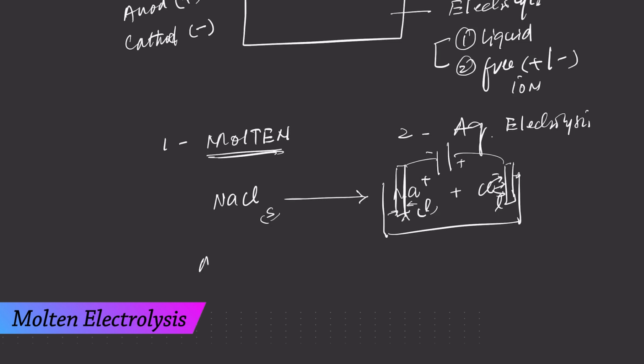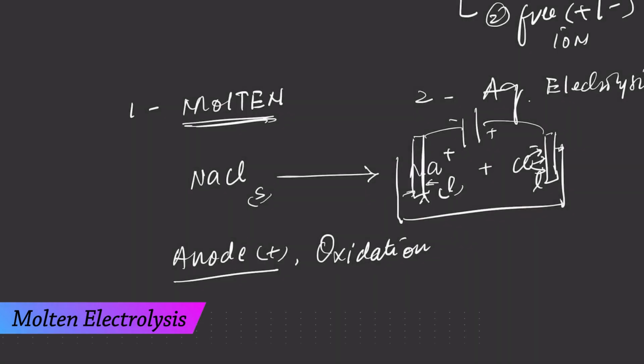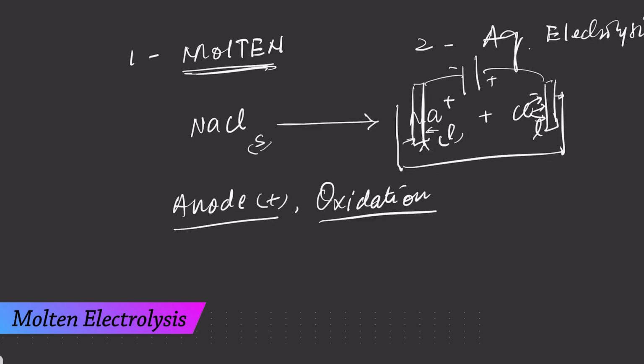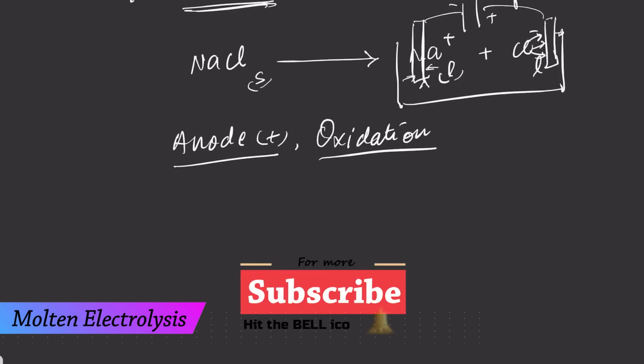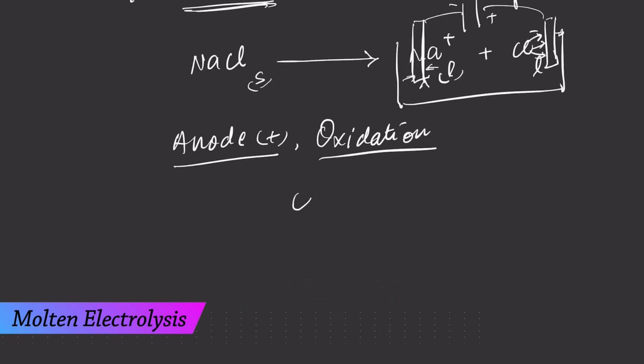The positive electrode is known as the anode, and here oxidation occurs. Chloride ions will migrate towards the anode and make Cl atoms, and there is a loss of 1 mole of electron.